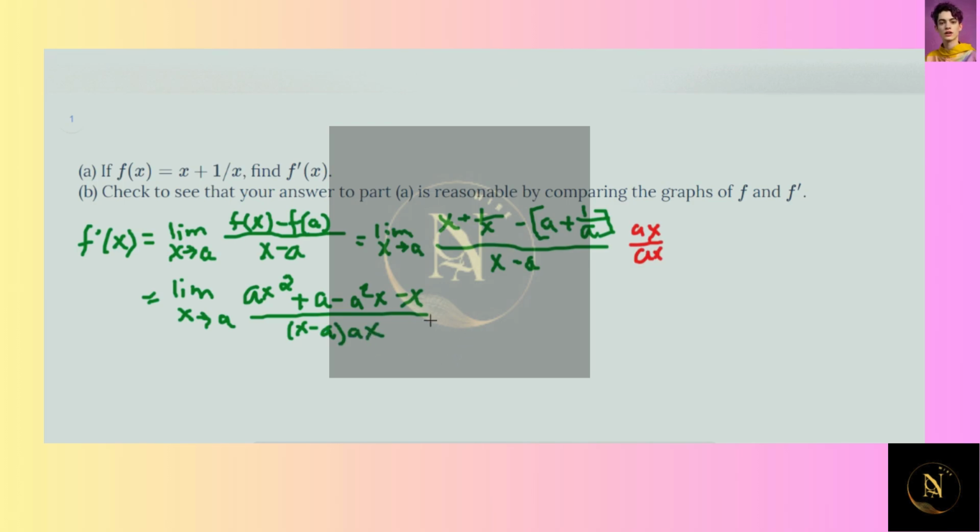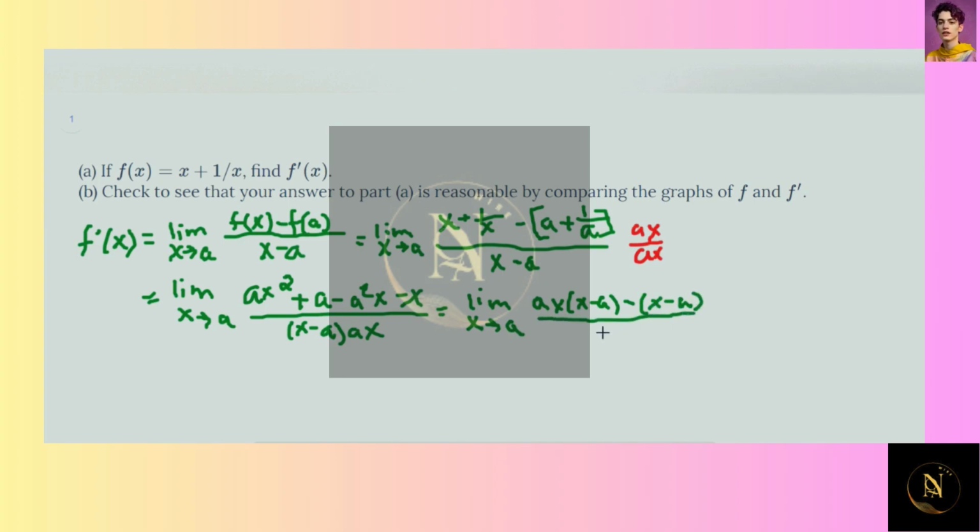Now we can group some of the terms in the numerator. Let's group the ax squared and the a squared x term. Let's factor out that ax, and we're just left with x minus a. And then the remaining terms are minus the quantity x minus a.